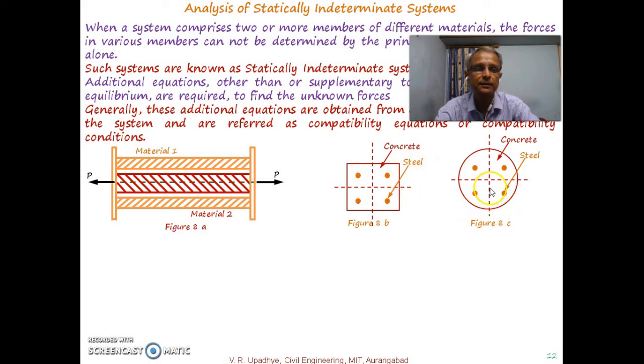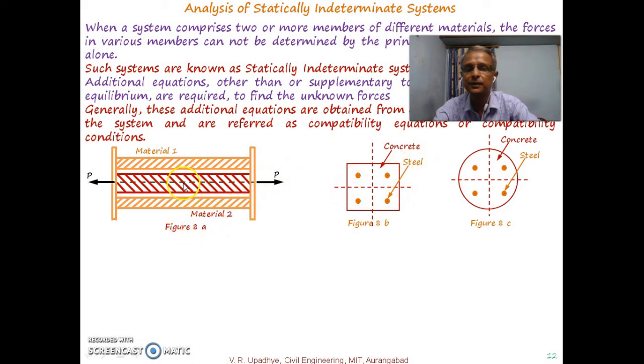So now the force applied on the material will be the same, and the deformation or deflection of both materials will be the same, but the force applied is equal to P. Some part of this force will be taken up by concrete and some part of this total force P will be taken up by the other material.